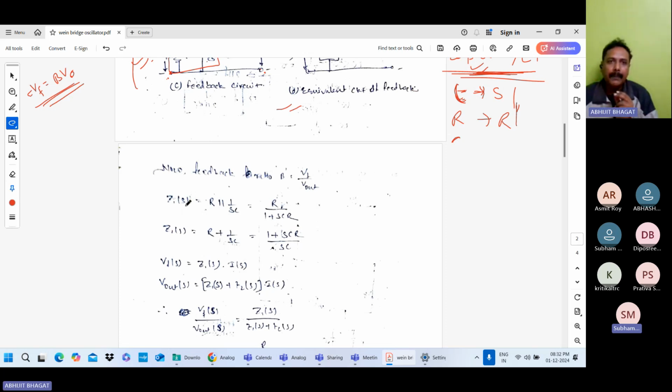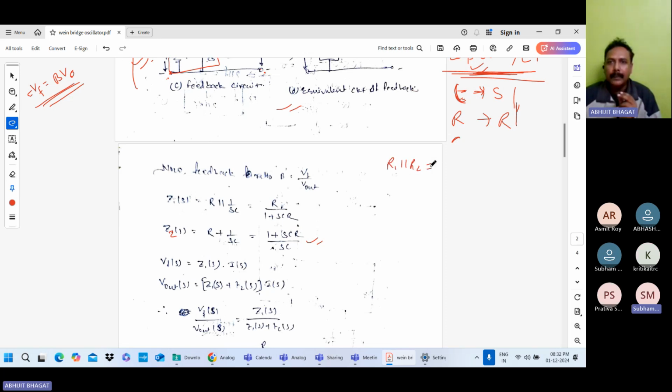Next, what is Z1S? Z1S is the R parallel 1 by Cs, and Z2S is R series with 1 by Cs. So R series with 1 by Cs is R plus 1 by Cs. We are getting this equation. And Z1S is R parallel with 1 by Cs. So R1 parallel R2 is equal to R1 into R2 divided by R1 plus R2.